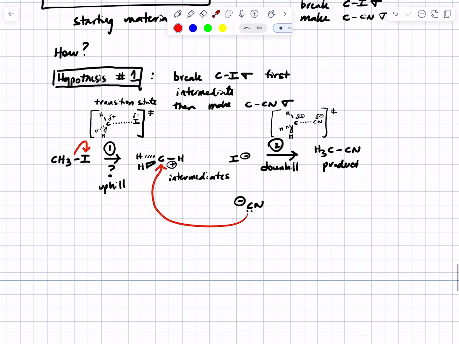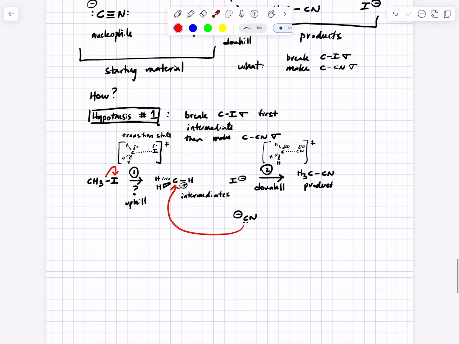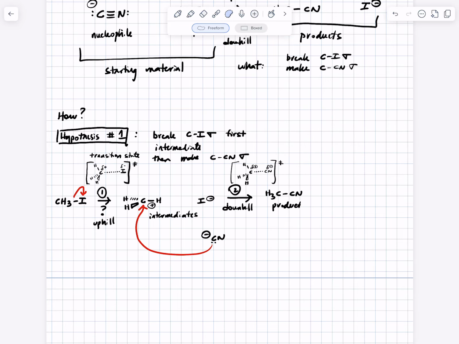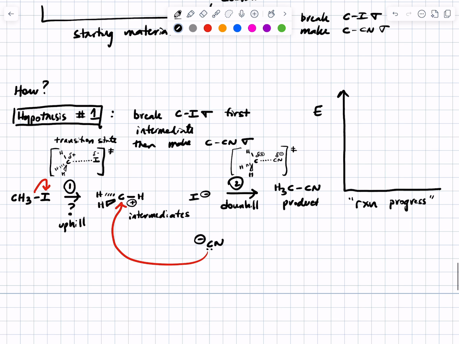We can actually diagram out this hypothesis on an energy diagram. Here is what you would expect. We're going to use this axis to be energy, and we're going to use this axis to be some measure of reaction progress. We could talk about that some other time. We're just going to make it generic. These are our starting materials.